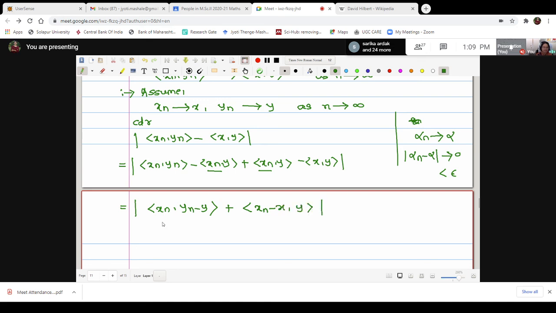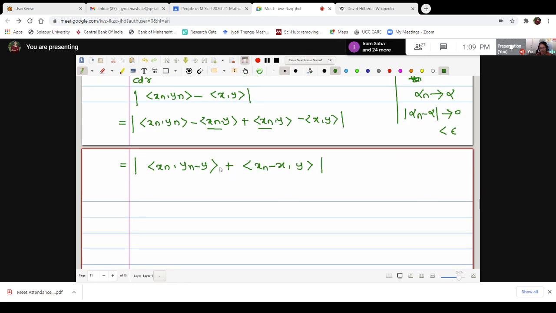Any doubt with this? Or if you want to check in reverse, if we have this inner product and I use linearity, then this can be written as inner product xn with yn subtracted with inner product xn with y. Okay. Now, this is modulus of an addition, which we can write as less than or equal to the addition of their moduli. So this is modulus inner product xn, yn minus y added with modulus inner product xn minus x with y.